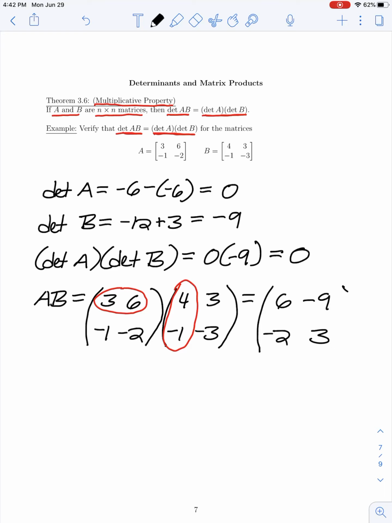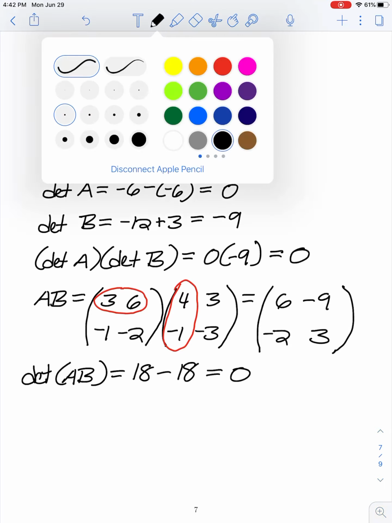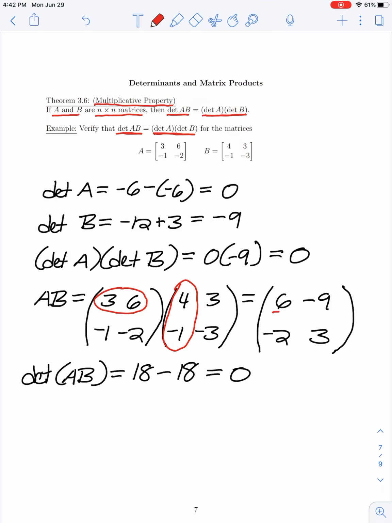So a 3 for that last entry. So now, taking the determinant of this product, A times B, well, the product of the diagonals is 18, minus the product of the off diagonals is also 18, so we have a 0 determinant. Now we could have also seen the 0 determinant by comparing our first and second rows. We see that the first row is negative 3 times the second.